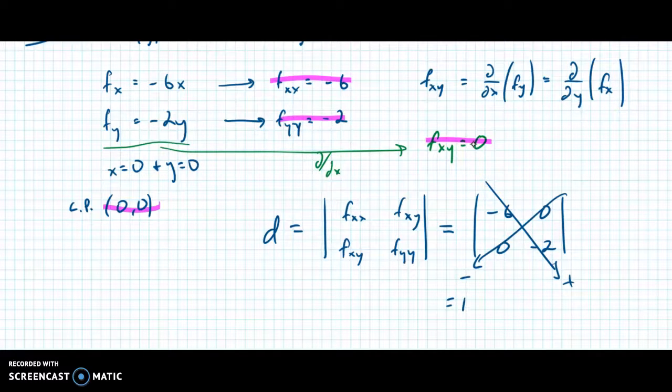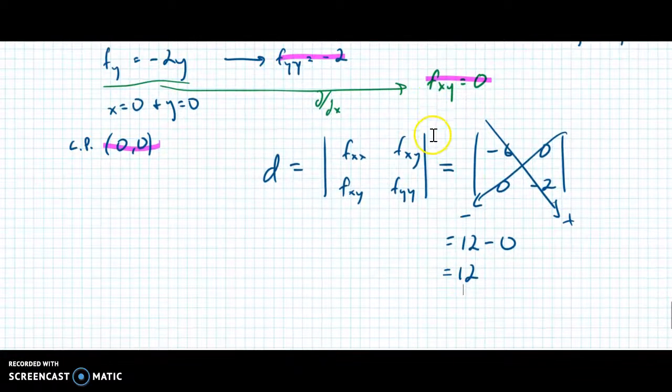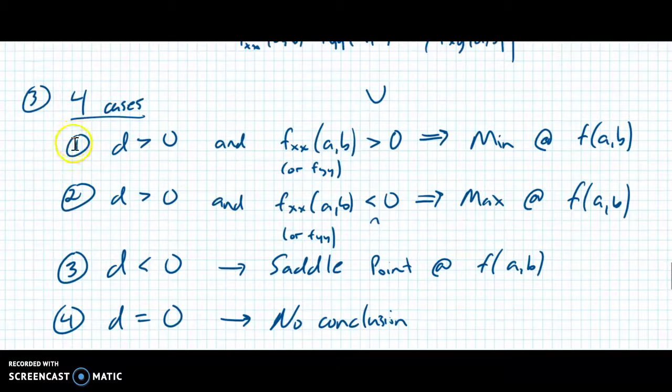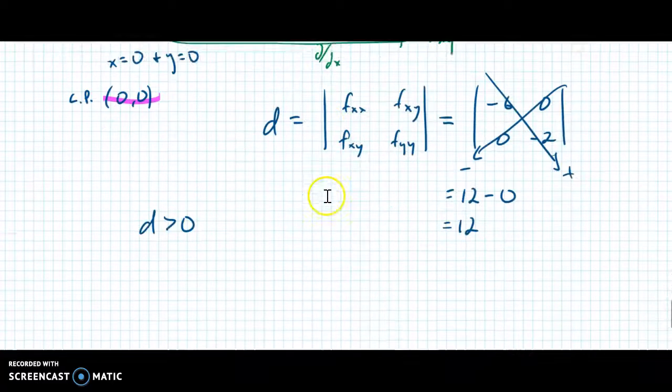So I get a 12 minus 0. That's just 12. So D is greater than 0. Right? So let's go up here. What does that tell me? That tells me that I'm in either case 1 or case 2. So now I just have to look at the partial xx or the partial yy at 0, 0.